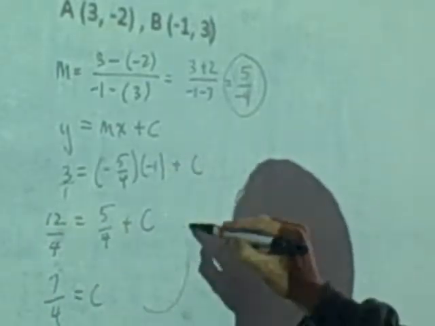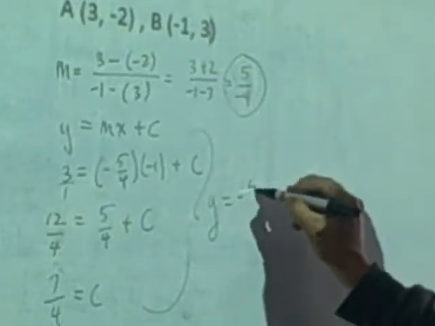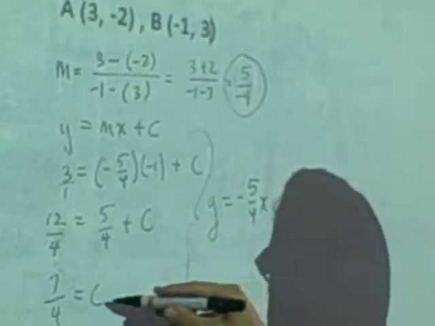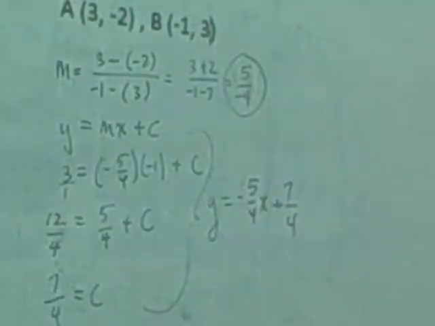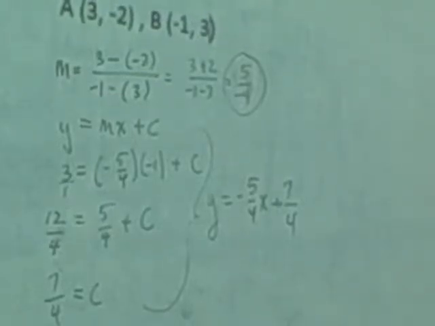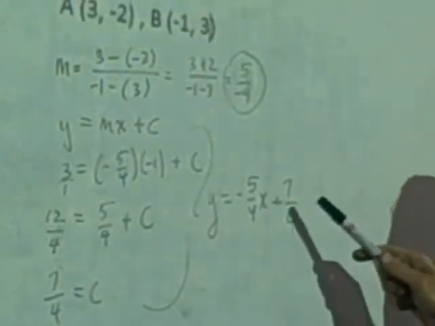So what this all tells me is the equation of the line is y equals mx plus c, that's y equals negative 5/4 x plus 7/4.